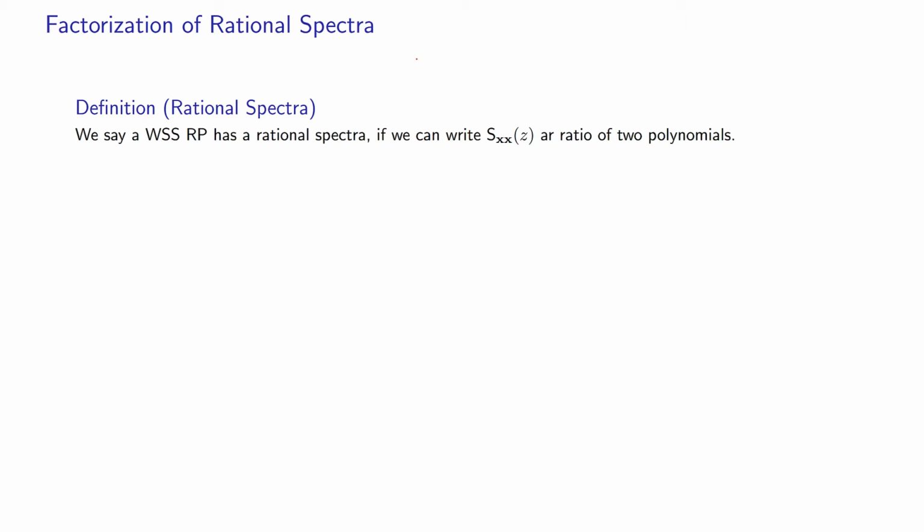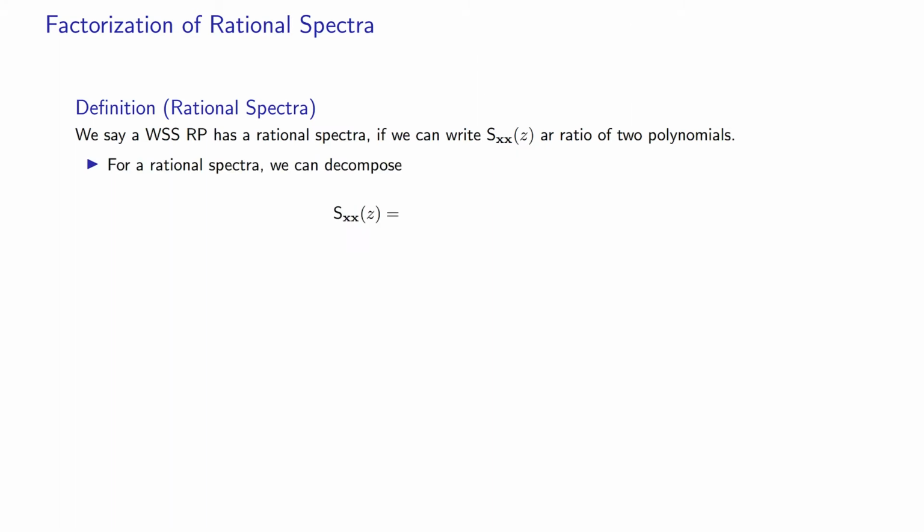We say a random process has a rational power spectrum if we can express S_xx(z), which is the z-transform of r_xx(m), as a ratio of two polynomials. If the z-transform of the autocorrelation function can be written as a ratio of two polynomials, we say it is a rational power spectrum.